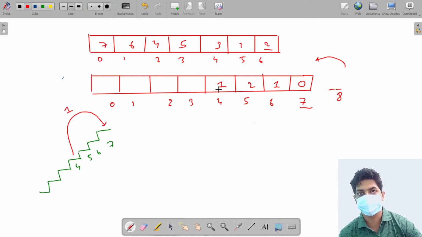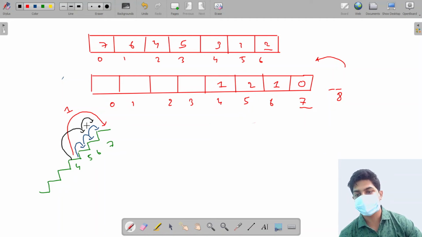Another option is to take a jump of 1 unit from 4 to 5, and from 5 take two 1-unit jumps to reach 7. In this case there will be 3 jumps in total. We are not using this case. There is one more option: from 4 I can take a jump of 2 units directly to 6, and from 6 take a 1-unit jump to reach 7.